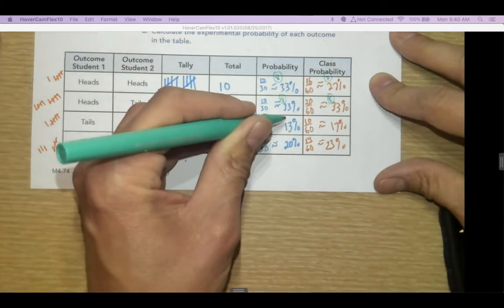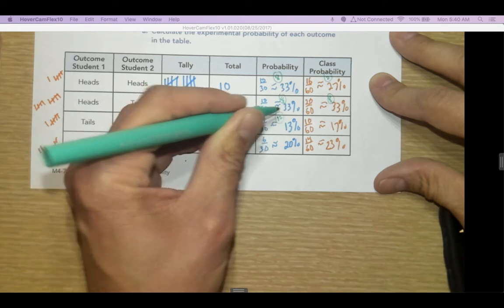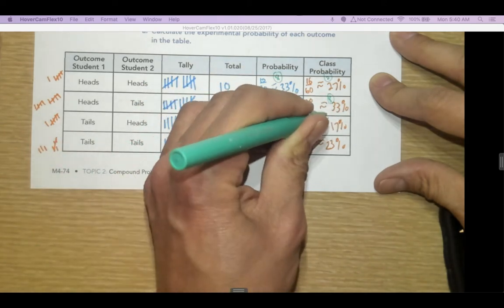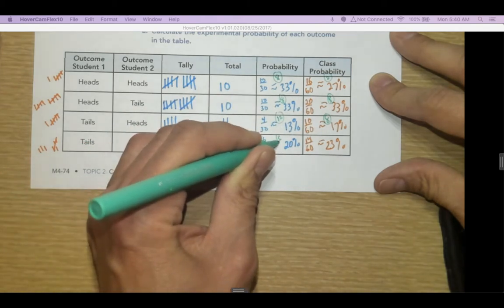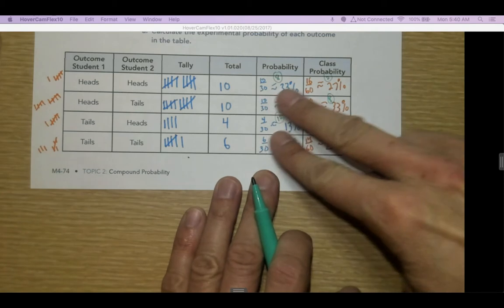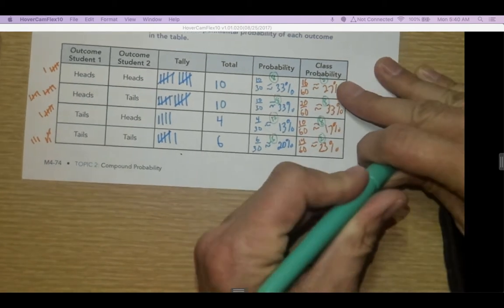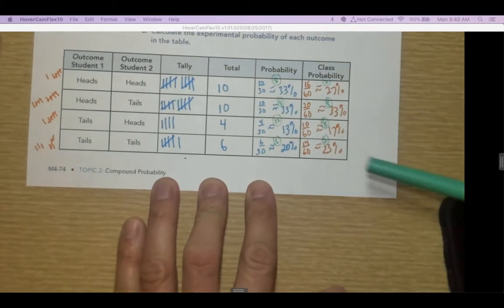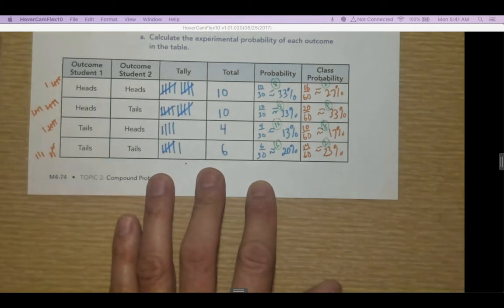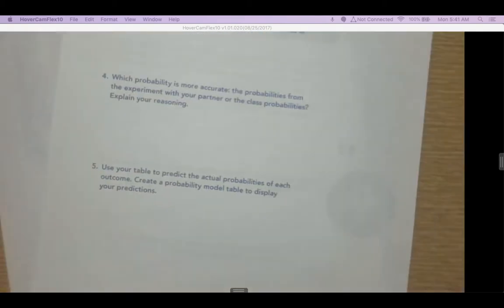This was 12 away, now this is 8 away. This was 5 away, now it's 2 away. Okay. Even when we just added one more, we got closer in almost all of the areas to the theoretical probability. Okay? All right, so let's look at our questions on the next page.